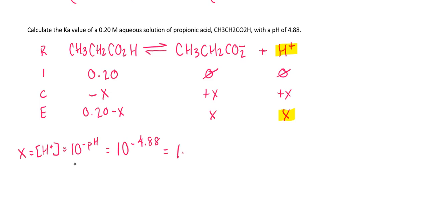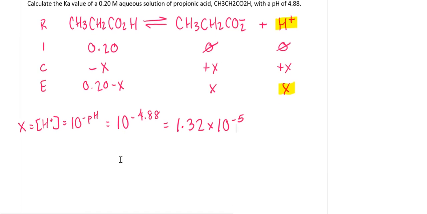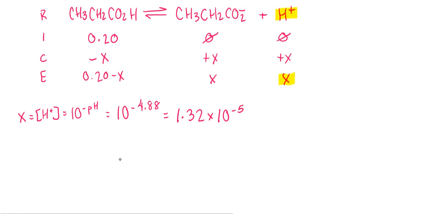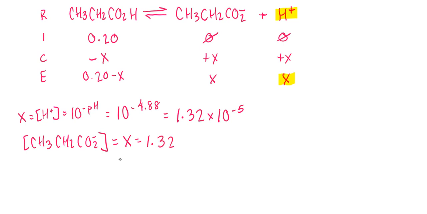So x is equal to 1.32 times 10 to the negative fifth. So concentration of the conjugate base is equal to x. So its concentration is also 1.32 times 10 to the negative fifth.